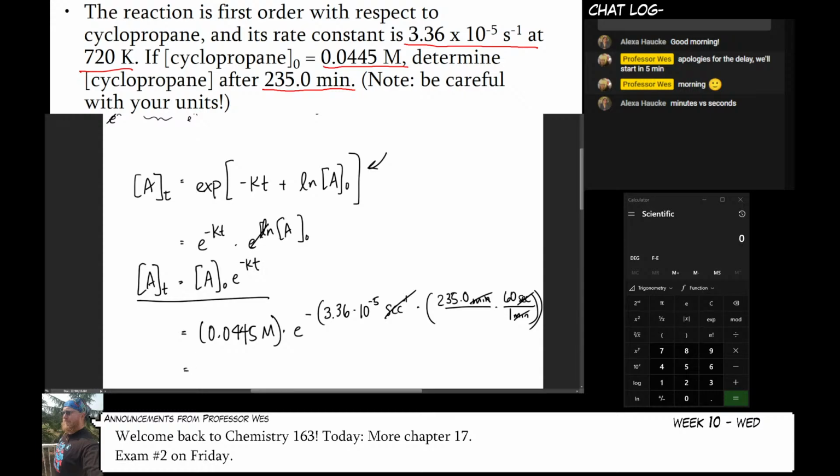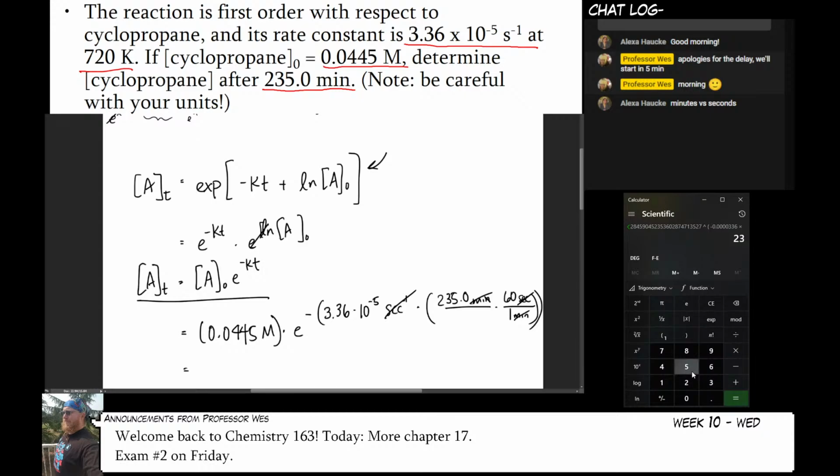All right, so let's do everything that's in the e. So e to the, I wish Windows Calculator had an e to the, but it doesn't. E to the, parentheses, 3.36 times 10 to the minus 5. And then, oh, I have a problem here. I need to undo here. So I got to do that. There we go. Because I need that negative in there for my e.